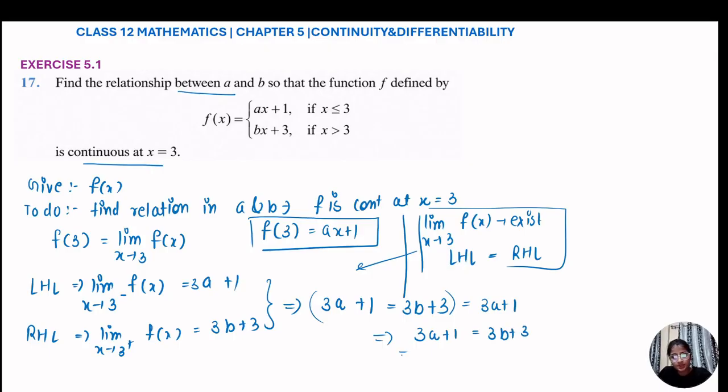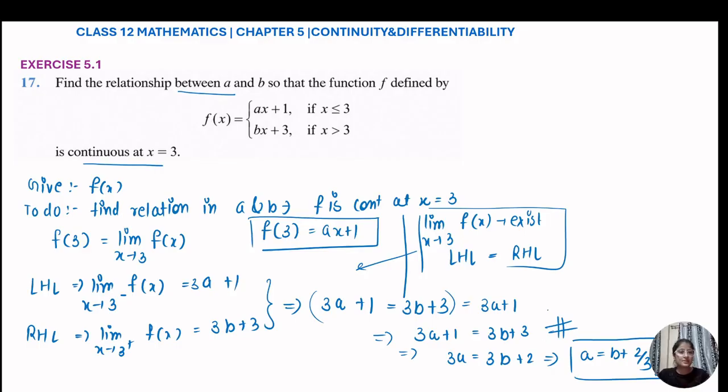This turns out to be 3a equals 3b plus 2, an easy calculation. If I simplify it, it can be written as a equals b plus 2 by 3. This is the relation we want in a and b for the function to be continuous. So this is our required answer.